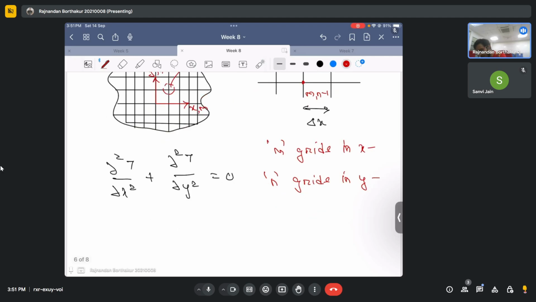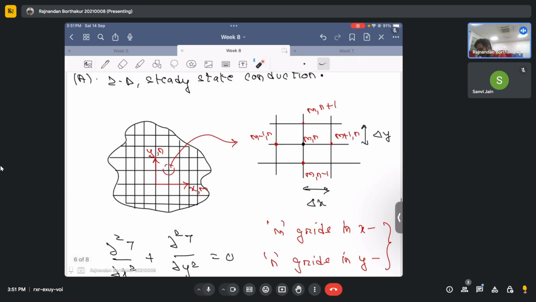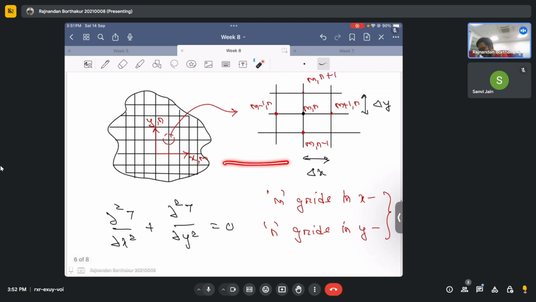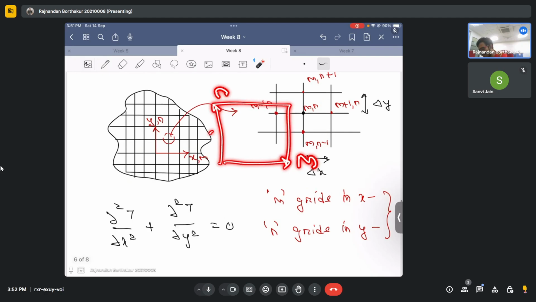Based on this, can you tell me how many grids will be there in the total space? That's simple, right? I repeat, let's say I have chosen m grids in my x, and n grids in my y. Then what is the total number of grids in my total 2D space?